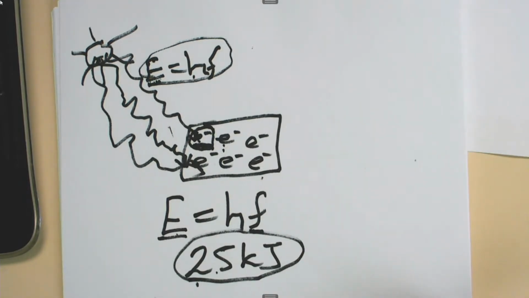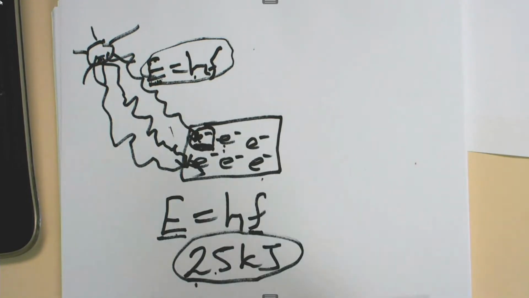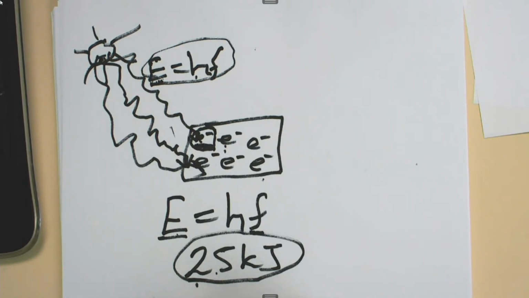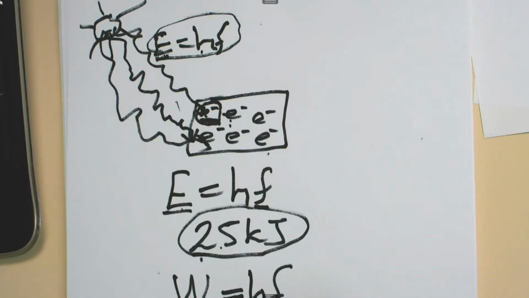And like we talked about the minimum frequency, when it comes to the minimum energy needed to overcome or to release electrons from the surface of the metal, we can then talk about the work function. Work function is given by h multiplied by the threshold frequency.